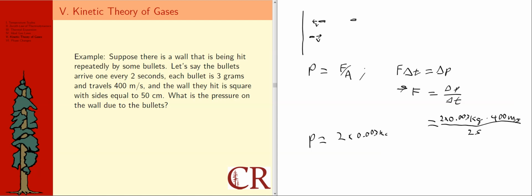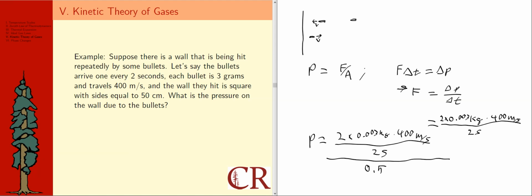0.003 kilograms. I didn't even bother to calculate what this is. If you want to, you could, but it's not really a final result. And since I didn't do it, I'm just going to take this and divide the whole thing. How do I want to write this? Just make a big line here. Divide by, since I'm doing everything in base units, so that I can get a result in newtons per meter squared, because if I don't convert to base units, that's going to be hard to get to.